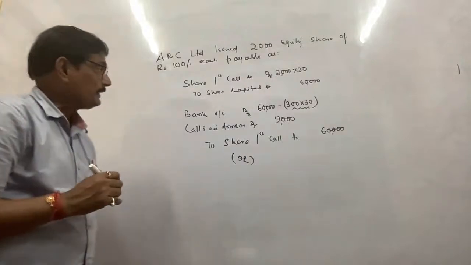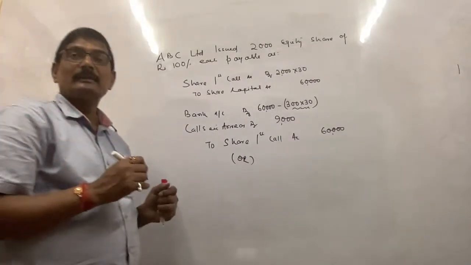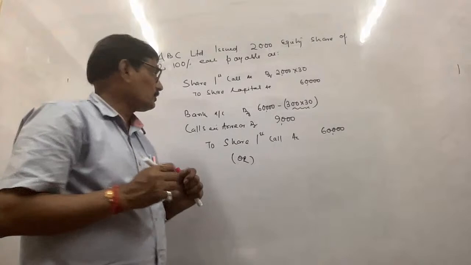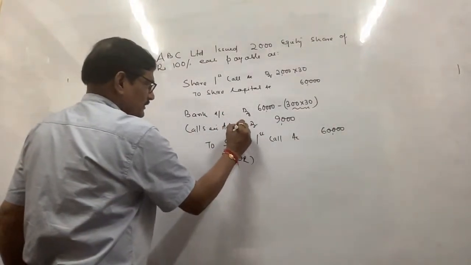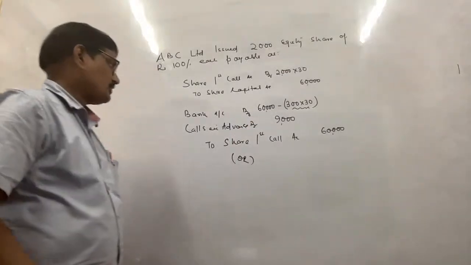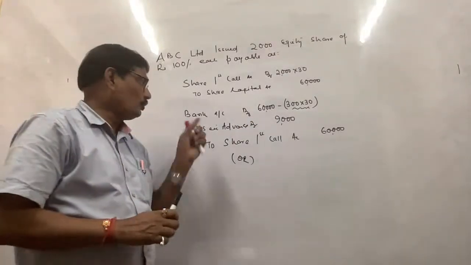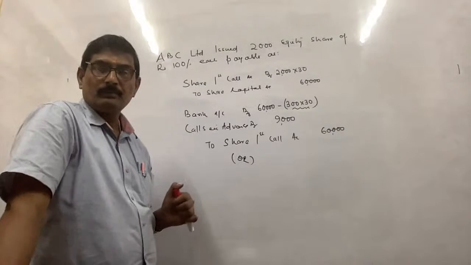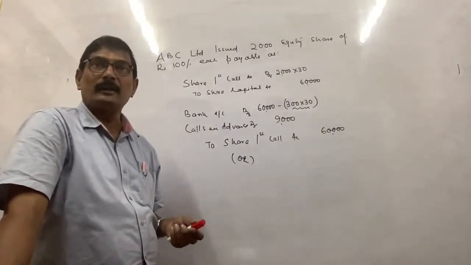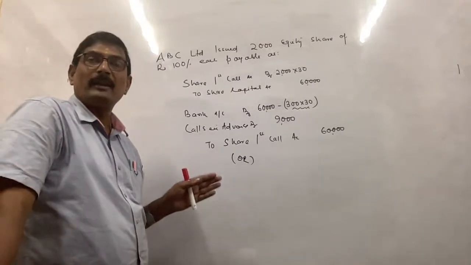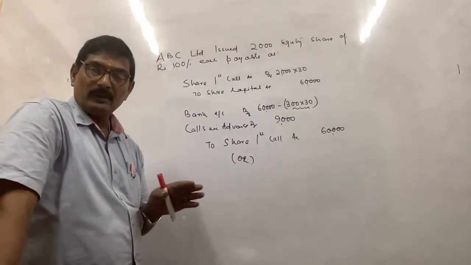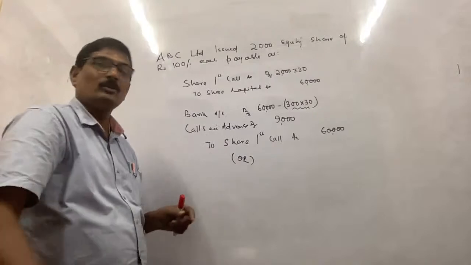But if the question says not to open calls in advance account, means we have not mentioned it earlier. At that time, my entry was bank account debited, to share allotment, to share first call, to share second call.